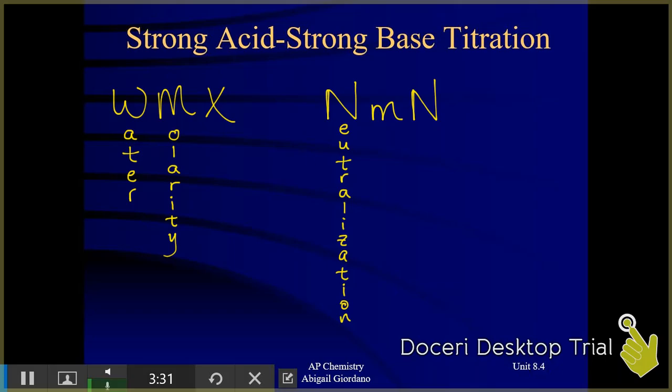We are going to set up ice tables, but they're going to look a little different because they're not going to have molarities in them anymore. They're going to have numbers of moles put in them. And we're not going to be adding and subtracting X anymore.